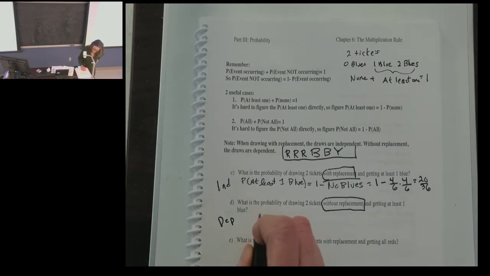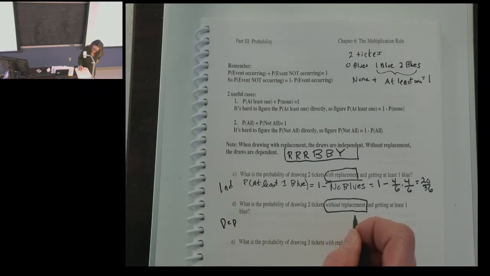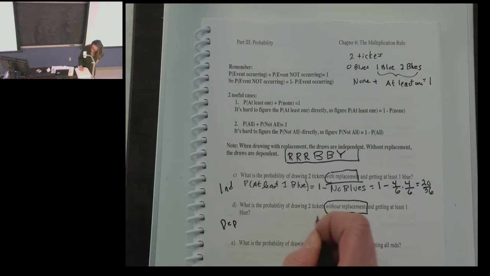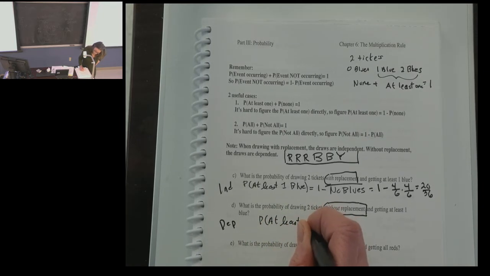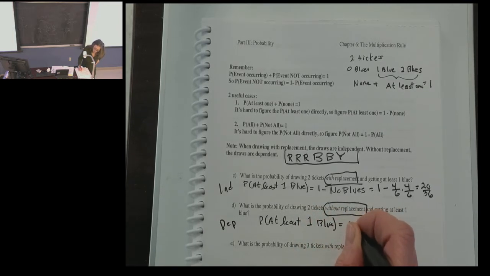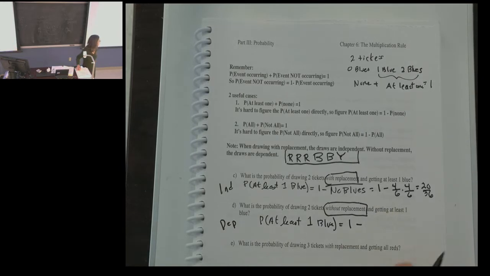The probability of at least 1 blue is still going to be 1 minus the probability of no blues, but this second one's going to change, right?